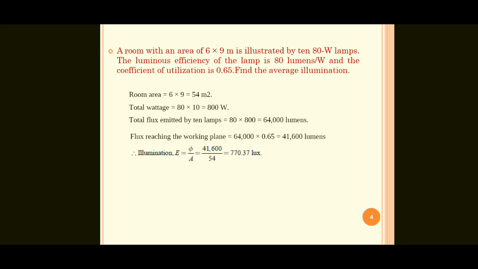Next, the luminous efficiency of the lamp is 80 lumens per watt. So for 800 watts this value becomes 80 into 800, which is equal to 64,000 lumens.